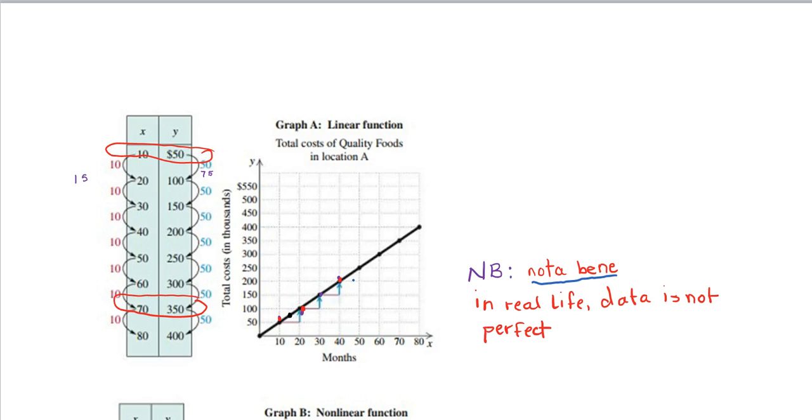People make mistakes when they're writing stuff down, or when they're timing something on a stopwatch or whatever. So in real life, data is not going to be 100% perfect. So just be aware of that fact. Now, if you wanted to get into how far off is okay, that would be a course in statistics. So in case you're interested in that, that is how far off you can be and still think you're okay with the values.